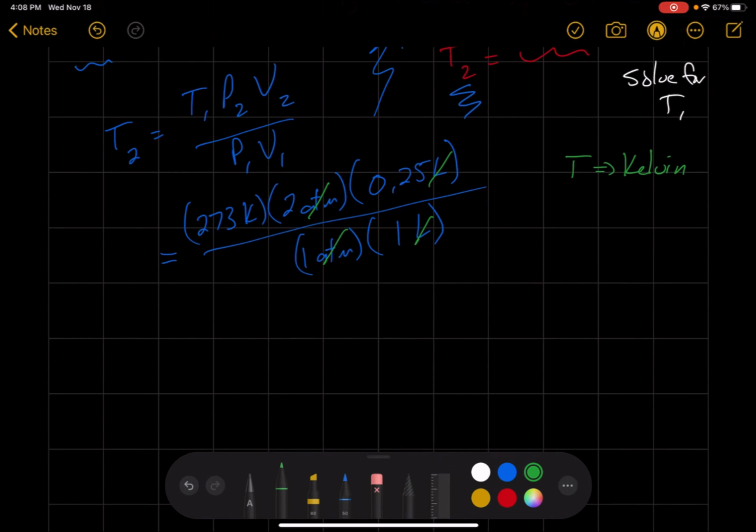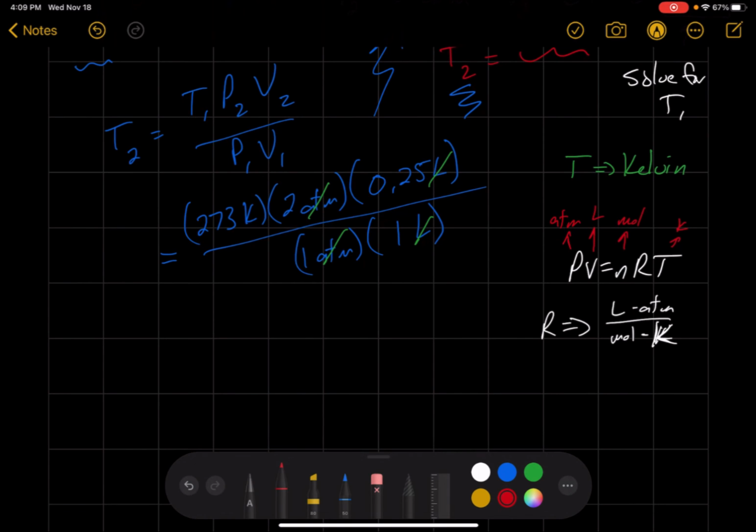In the ideal gas equation, since R has the units of liter, atmosphere, mole, and Kelvin, then that means that temperature needs to be in Kelvin. N is, of course, moles. The volume needs to be liters, and then pressure needs to be in atmosphere.